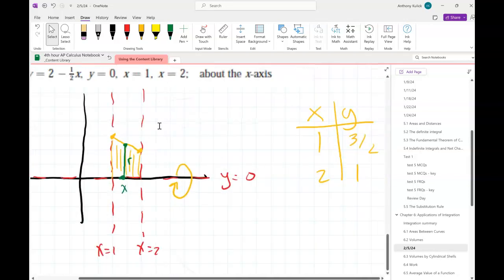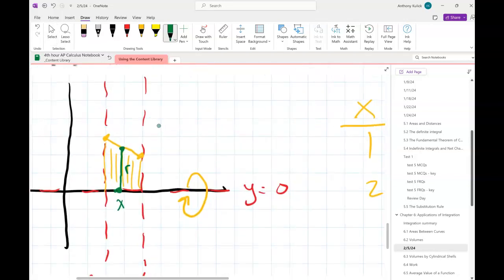Okay. So notice that segment R starts at the x-axis and ends at the point x comma y on the curve y equals 2 minus 1/2 x, right? Everybody agree?